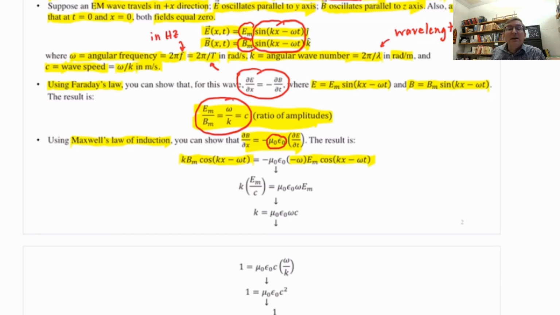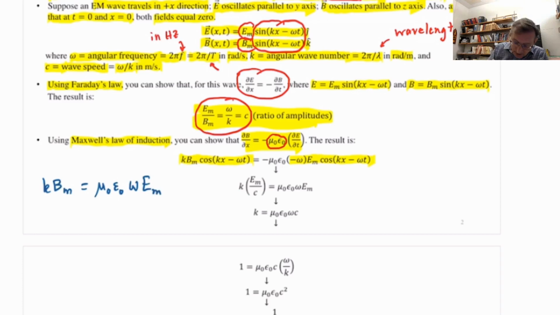Those two sides must be equal for all values of x and t. So the stuff out front for each one must be the same. Okay? So I'll write it over here to the side because there's something else that has happened. k B max must equal mu0 epsilon 0 omega times E max.